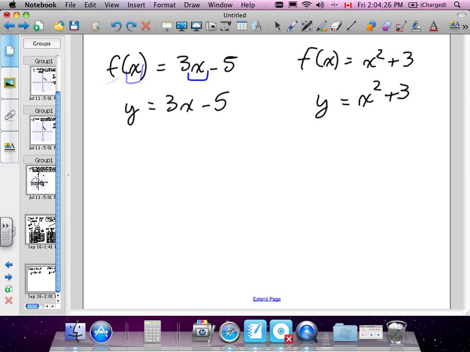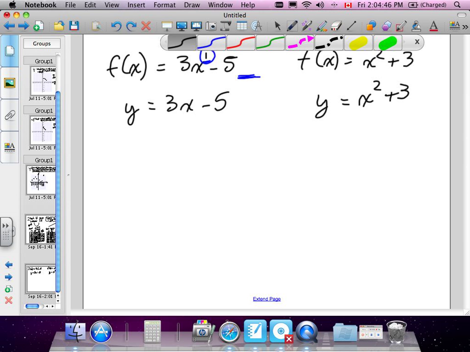What exponent is this x to? 1. Even though there's not a number there, it's assumed to be to the exponent 1. This is the highest degree because there's no other variables. If the highest degree is 1 in an equation, that means it is a linear equation.